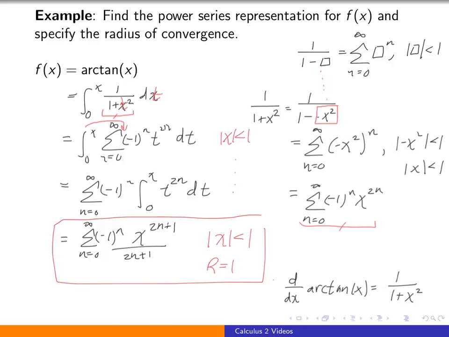The key idea is to somehow use algebraic manipulation or calculus to relate back to this common formula. In the given example, the observation was the derivative of arctan is 1 over 1 plus x squared. We have a power series representation for 1 over 1 plus x squared, so we simply anti-differentiate to come up with the desired power series for arctangent.